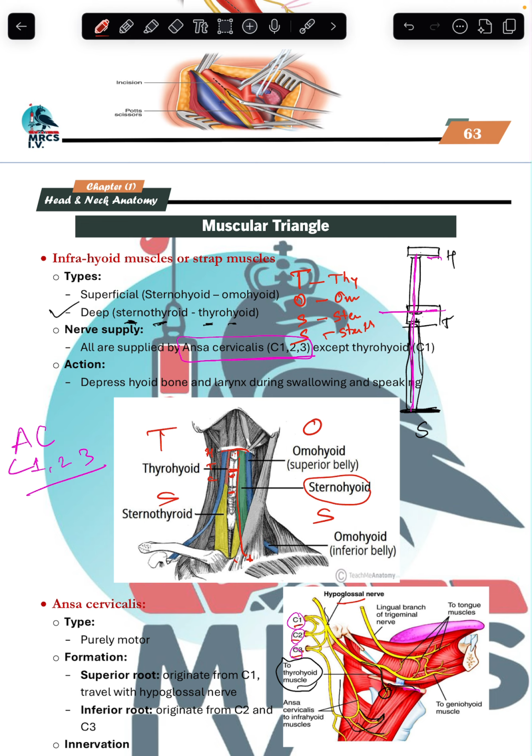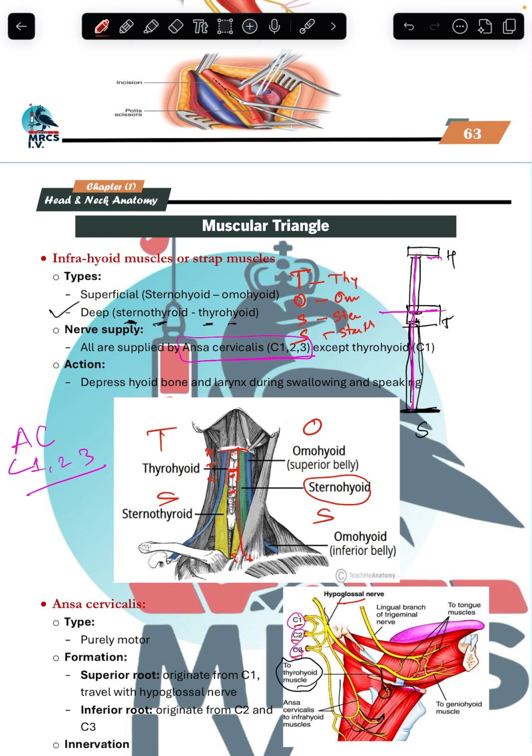The most superficial is the long sternohyoid. Deep to it you get the thyroid cartilage between the hyoid bone and the cricoid cartilage. Sternothyroid runs from sternum to thyroid, and thyrohyoid from thyroid to hyoid.